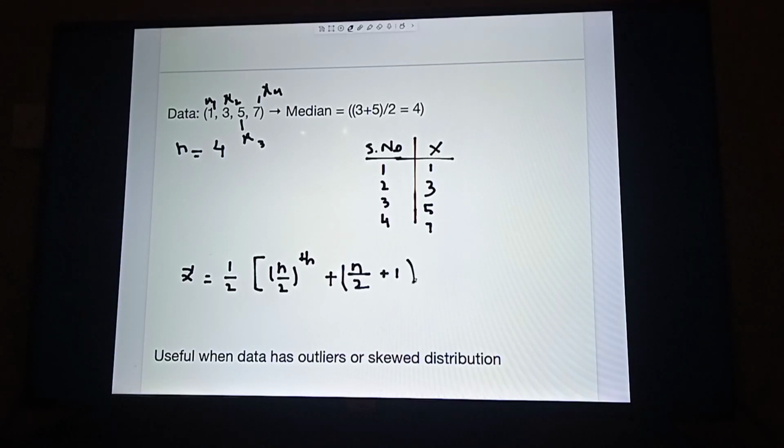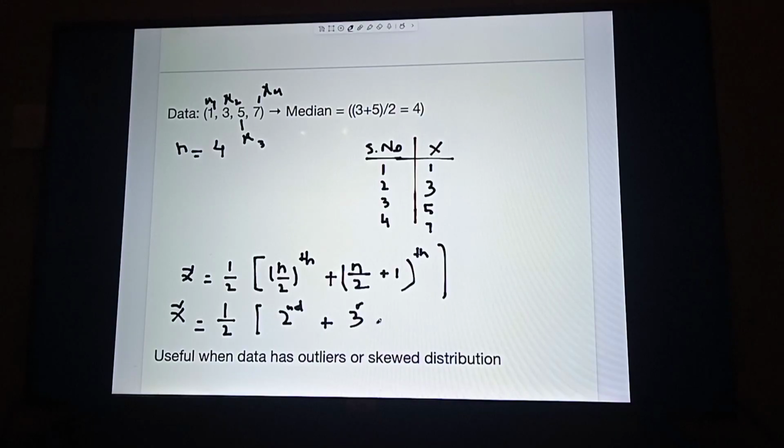First you have to solve the parentheses, okay? Then you have to add them. So when you locate these two values, you need to take the average. So sample median will become the average of, now how many values are there? 4. 4 divided by 2 is the second value, and then 4 divided by 2 plus 1 is the third value.